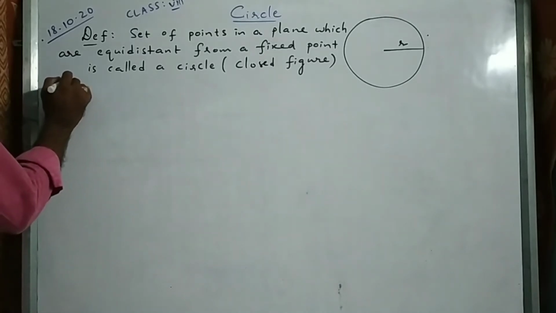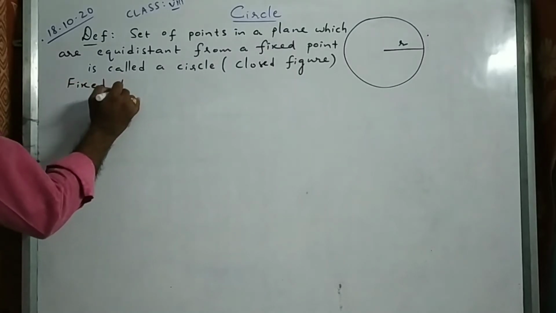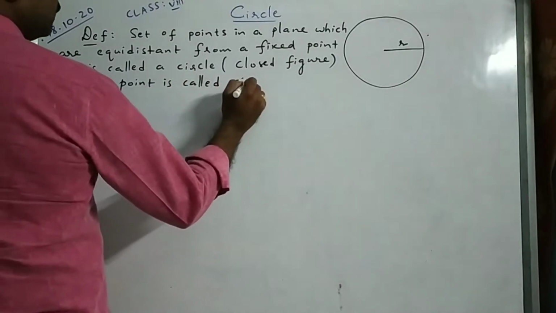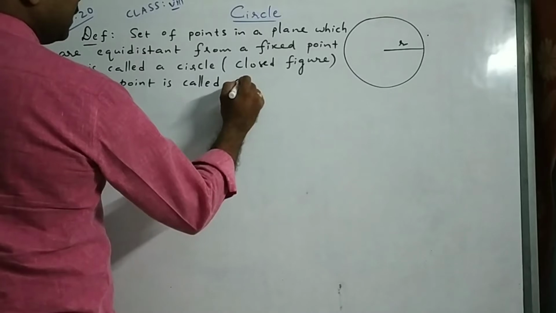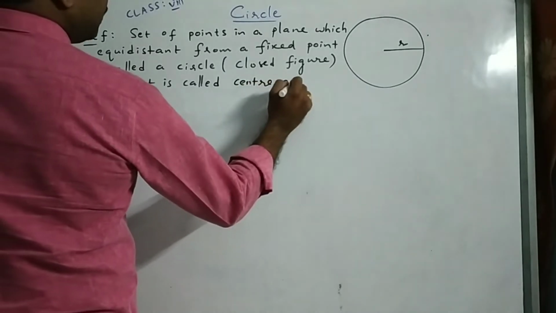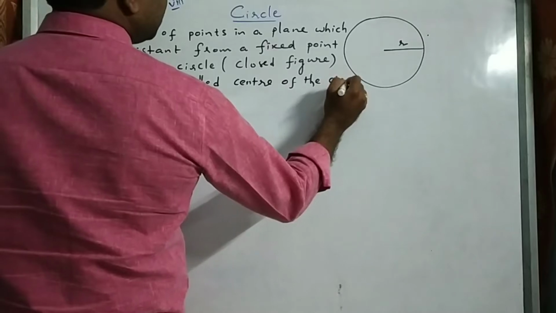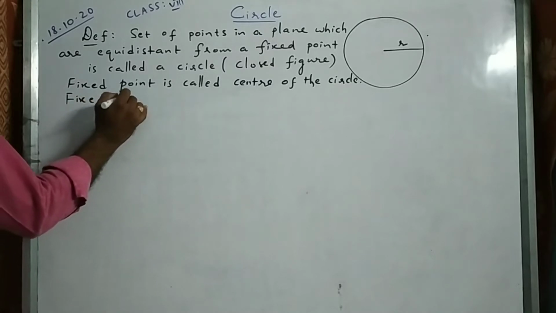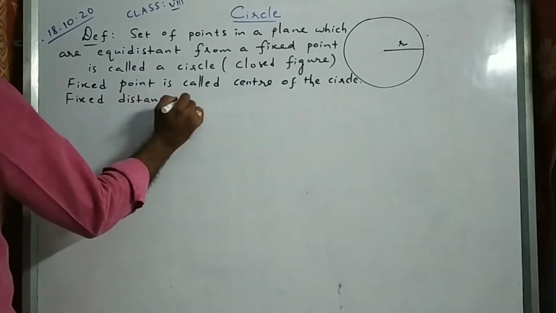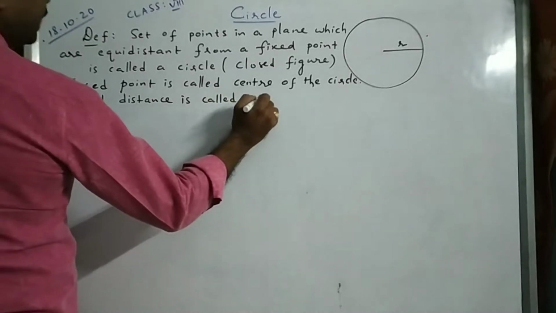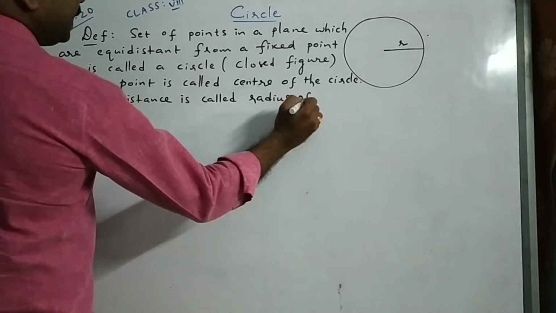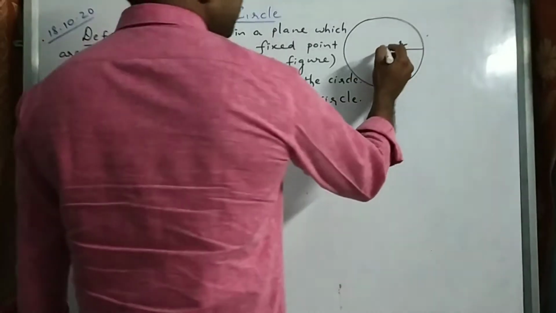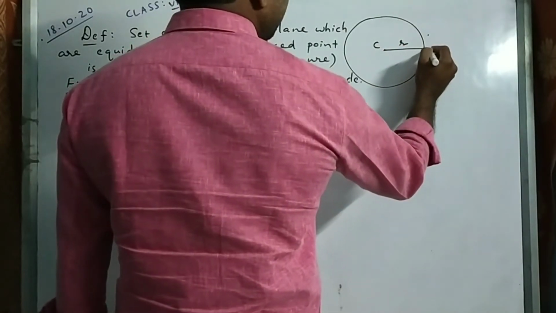That fixed point is called center of the circle, and the fixed distance is called radius of circle. So if you join from the center to this point, that is radius.